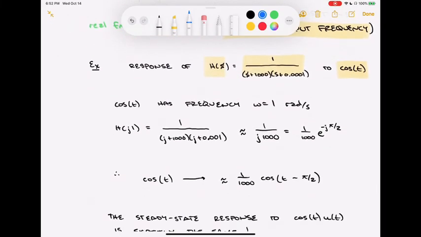In this particular case, if you look at the omega here, we have an omega equaling 1. It's an implied 1, right? So this cosine has an input frequency of omega equaling 1 rad per second. If I want to know how cosine 1t, this 1 rad per second cosine, goes through the system, I need to look at the frequency response, the system function evaluated at s equals j omega.